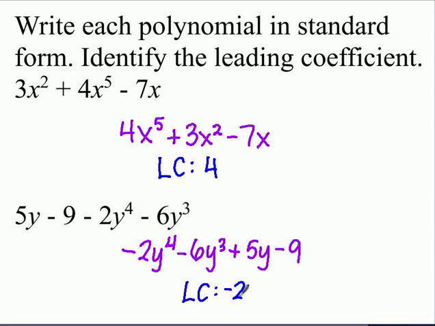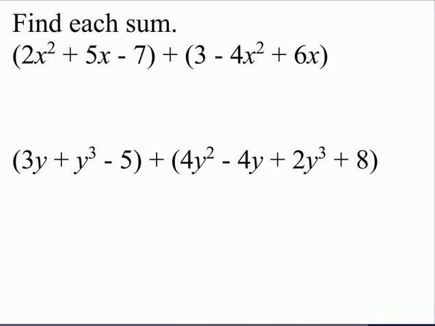Now on the next ones, what we're going to do is we're going to now add and subtract. Okay? So find each sum. 2x squared plus 5x minus 7 plus 3 minus 4x squared plus 6x. So now what we're going to be doing is adding like terms.